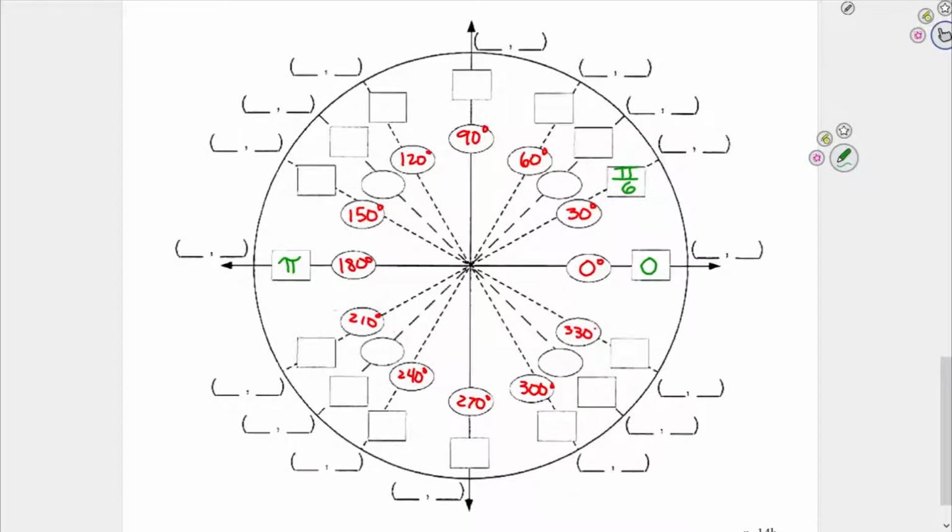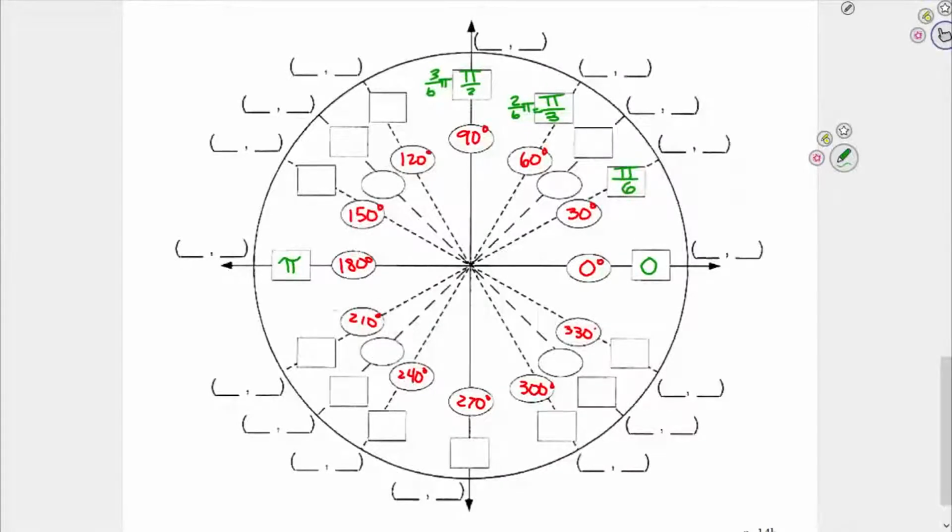60 degrees is 2 pi sixths, but 2 sixths is 1/3, so this is pi thirds. If I keep going around, let's make this super clear. I get 2 sixths pi, and 3 sixths pi, but 3 sixths is pi halves.